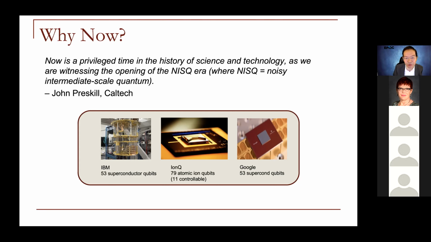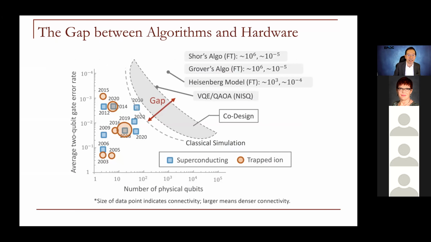Now, even though we're in this really exciting time, there is a pretty significant gap between the machines that we expect to have in the near future and what we want to do, right? And so what I have plotted here is the number of physical qubits in these machines on a log scale versus the average 2-qubit gate fidelity on these machines, also in a log scale, right?